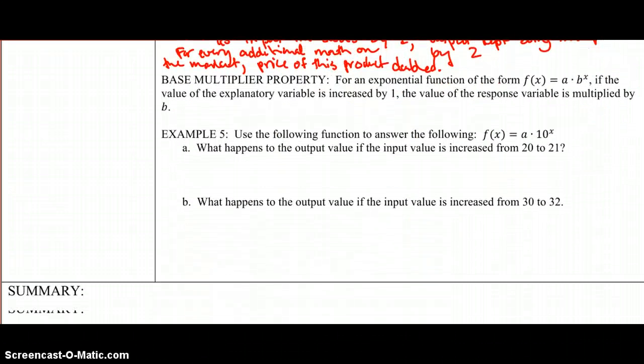Okay, so that leads us into this base multiplier property for exponential functions.